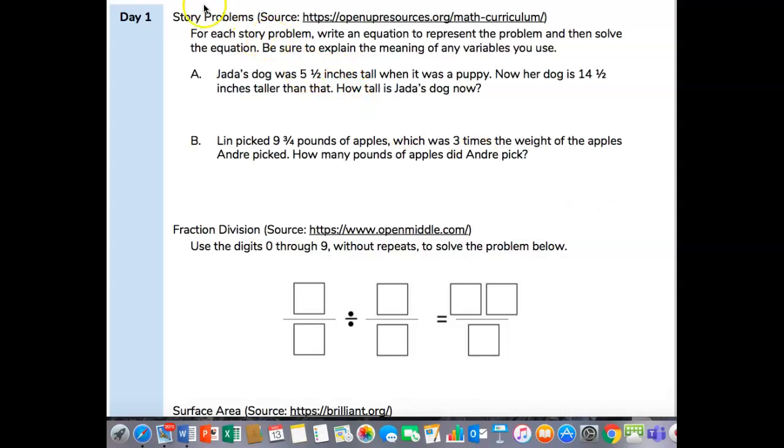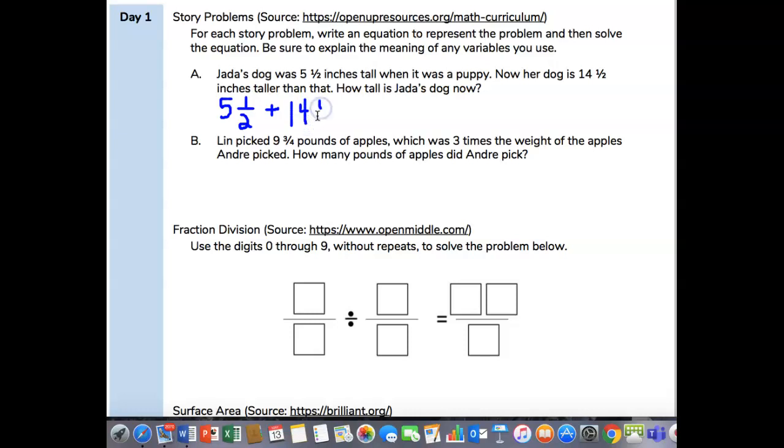This first one says Jada's dog was 5.5 inches tall when it was a puppy. Now her dog is 14.5 inches taller than that. How tall is Jada's dog now? We're going to put down 5.5, that's when Jada's dog was a puppy, and now he has grown an additional 14.5 inches.